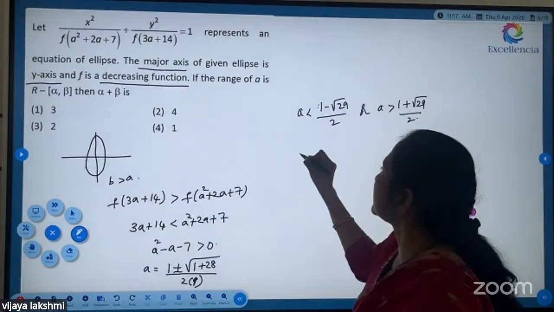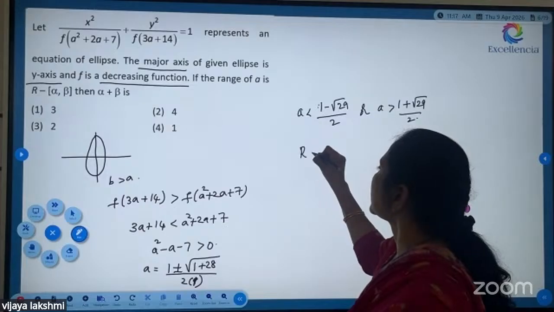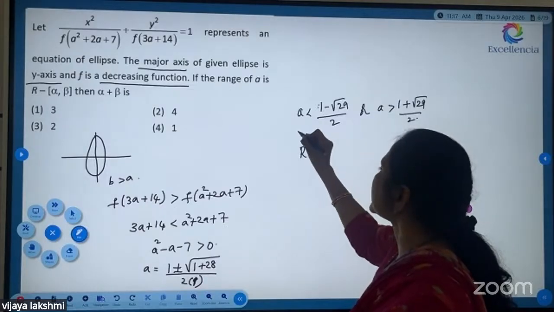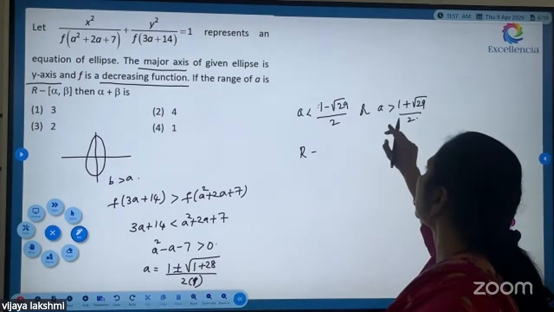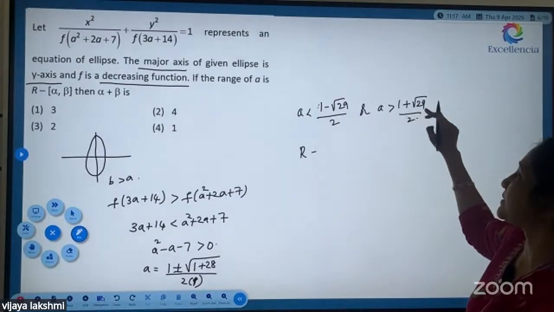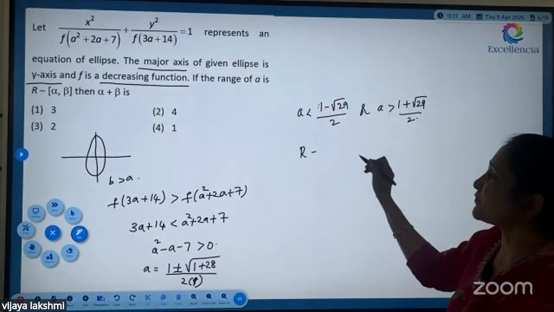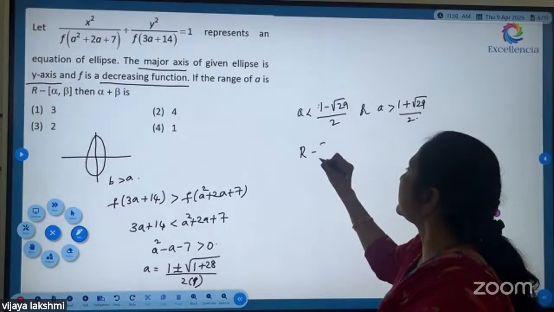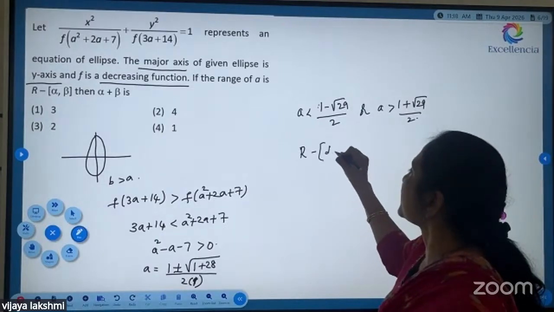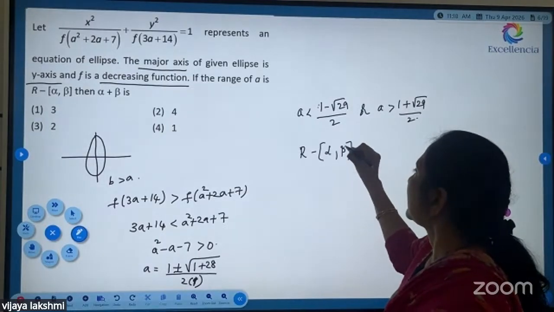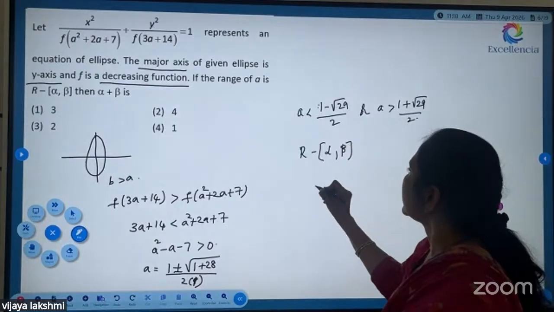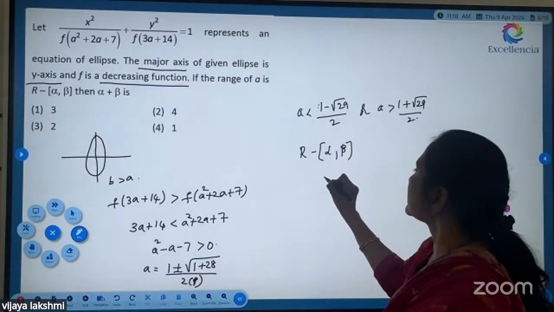If you write it, it is minus infinity to 1 minus root 29 by 2, union 1 plus root 29 by 2 to infinity. I am writing directly the interval alpha comma beta.